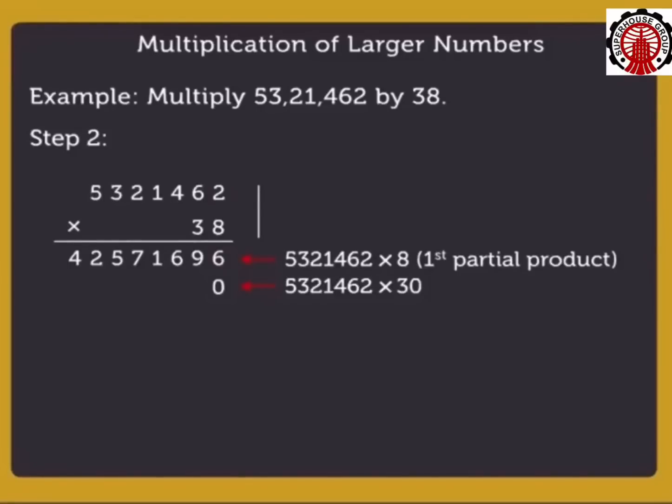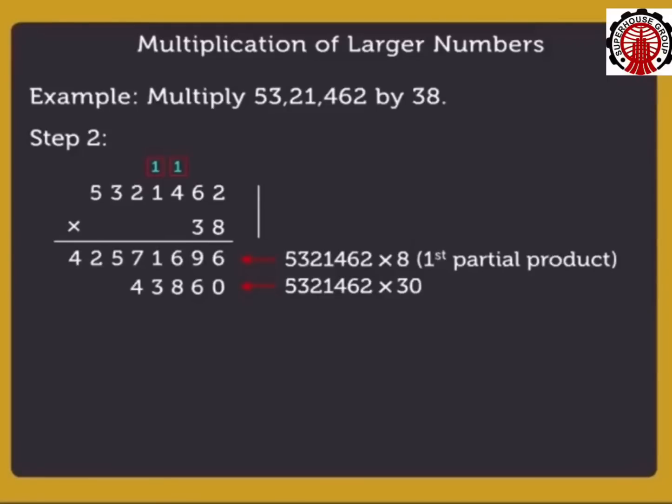Next, 2 into 3 is equal to 6. Now 6 into 3 is equal to 18. Then 4 into 3 is equal to 12 plus the carried over 1 is equal to 13. Then 1 into 3 is equal to 3 plus the carried over 1 is equal to 4.